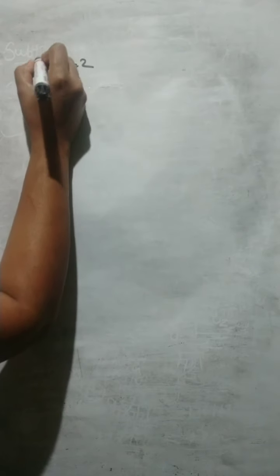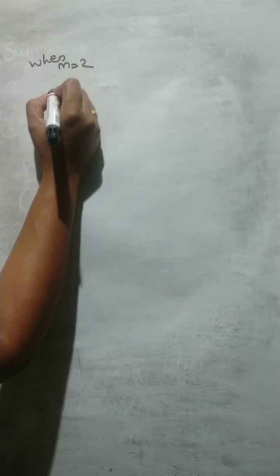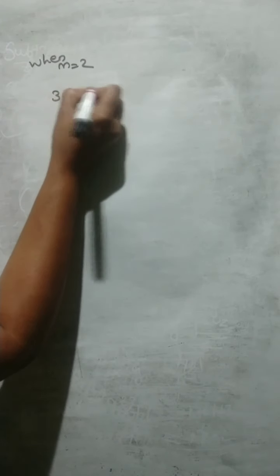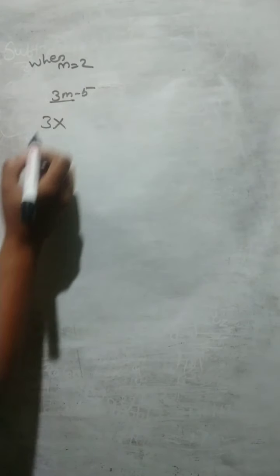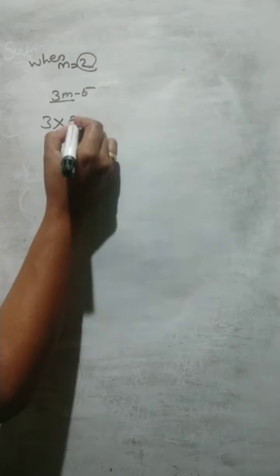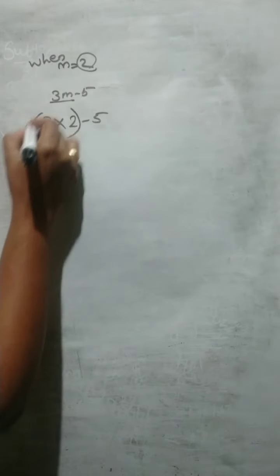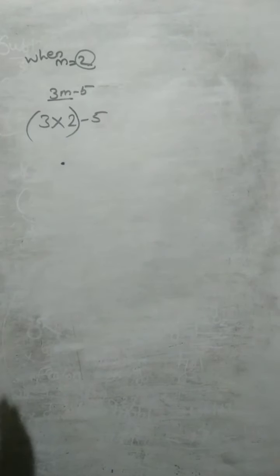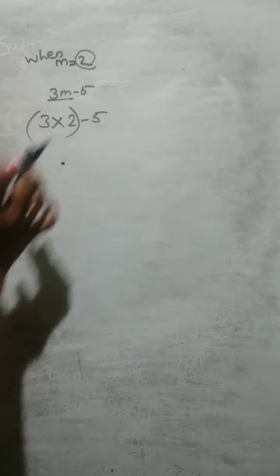Next question, m is equal to 2. We have to find 3m minus 5. That is 3 multiplied by m, here m is equal to 2, minus 5. Here first we have to find if there is any multiplication.